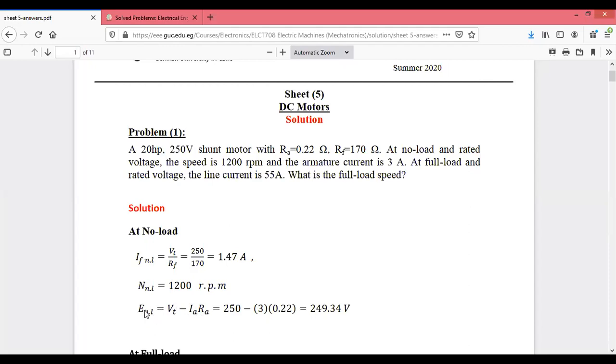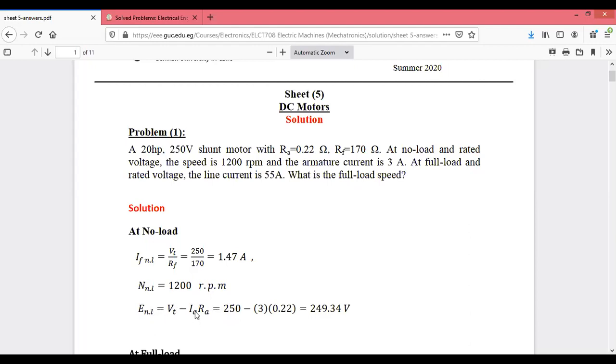But here the EMF will be with no load, because we have the armature current of 3 ampere, and they have given armature current 55 when there is full load. So your equation becomes 250 minus 3 into Ra, whose value is 0.22. These things remain constant.